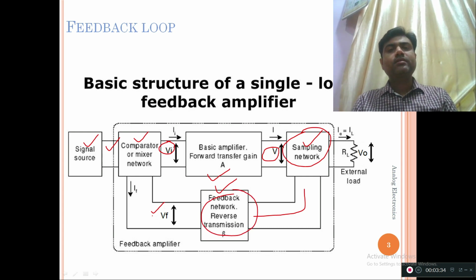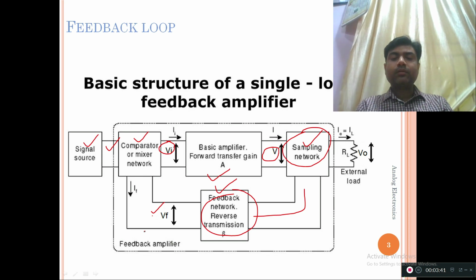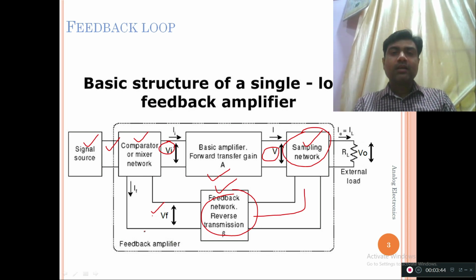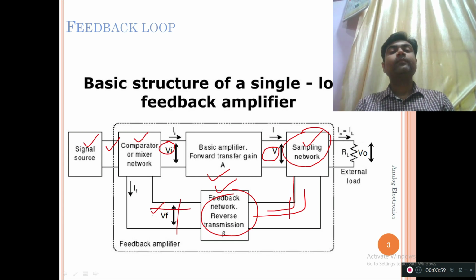We have already discussed the feedback network in detail in the previous lecture, but to revise, the feedback network must be a passive network, and it has to be a resistive network in order to avoid any phase distortion between this voltage and this voltage. Whatever voltage or current is coming from here has to be matched in phase with the voltage or current here, so that there will not be any phase distortion. RL is the load resistance, and we are taking the output across the load resistance.